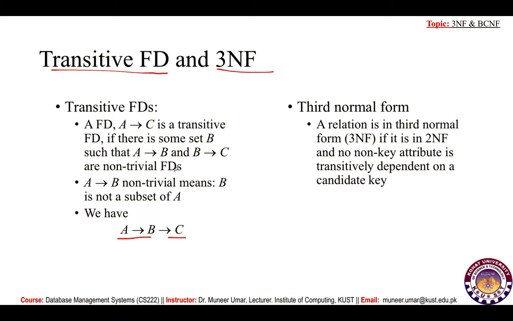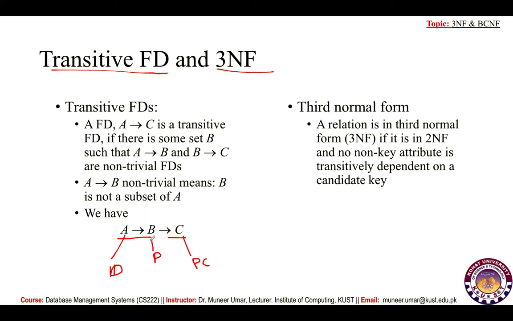Here we have a simple example for this situation. Suppose we have student ID, and then we have the program name and the program credits. So if we know the program name, then we can get the program credits. Like for BCS, there would be a number of credit hours. So if we know that this program is BCS, then we can easily get the credit hours offered in BCS.